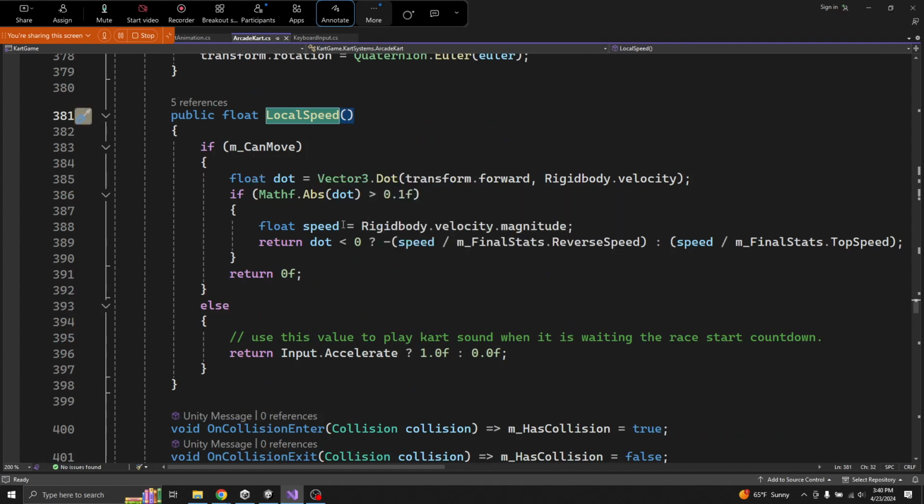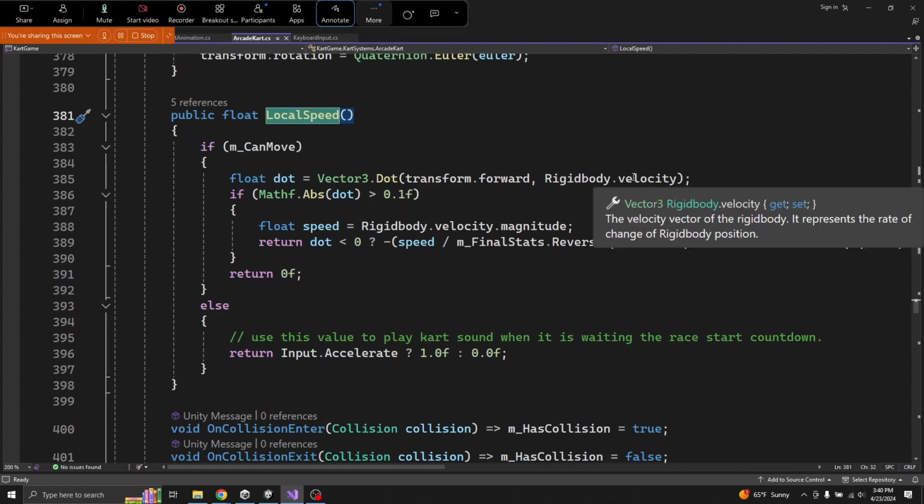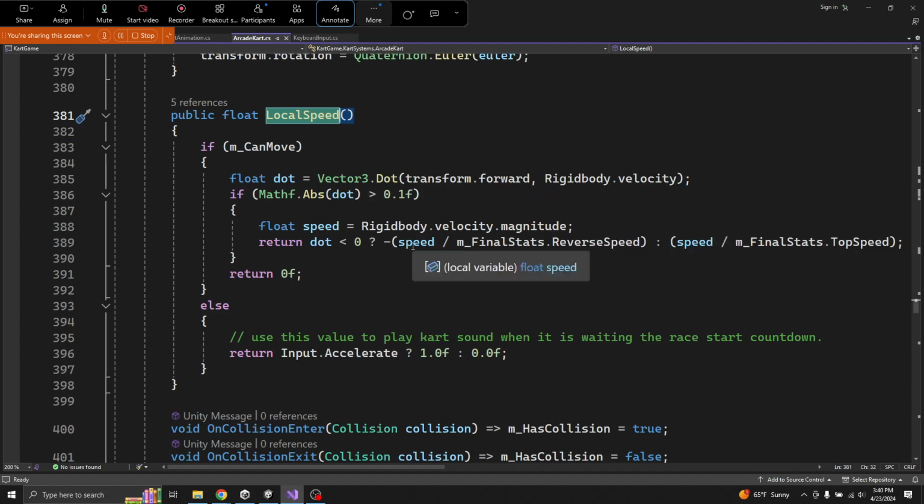So if we're allowed to move, get the dot of our forward direction against our velocity. If the absolute of that is greater than, so it's like saying we can go from negative 0.1 all the way up to 1 would be true. So get the float, else. If this is true, we're going to return, and we don't even get to here.